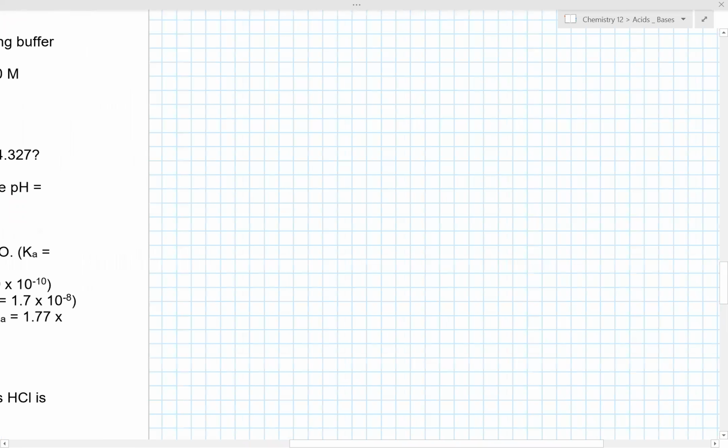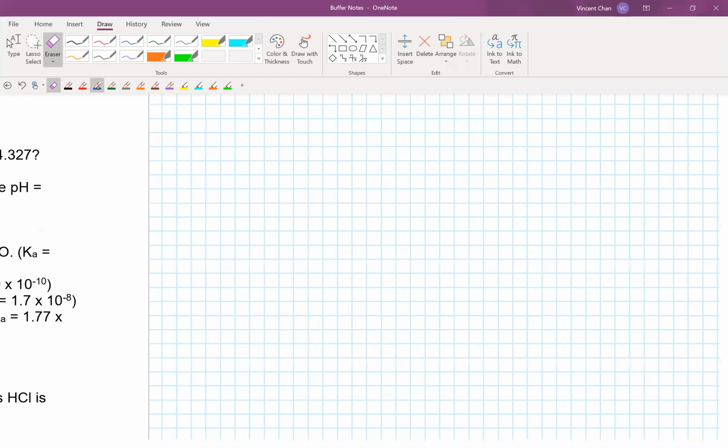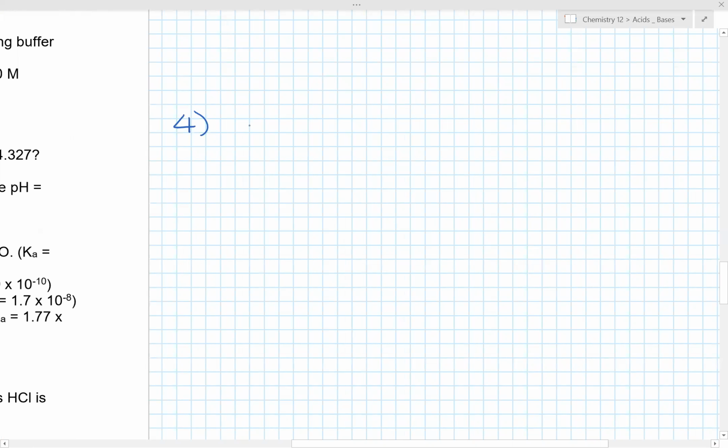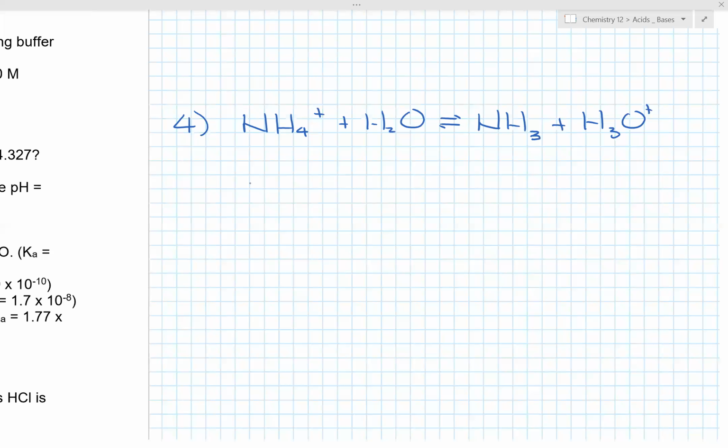Because they gave you a Ka value, this would be NH4 plus and H2O in equilibrium with NH3 and H3O plus. Now, because they gave you a Ka value, you know that that is a weak acid solution.